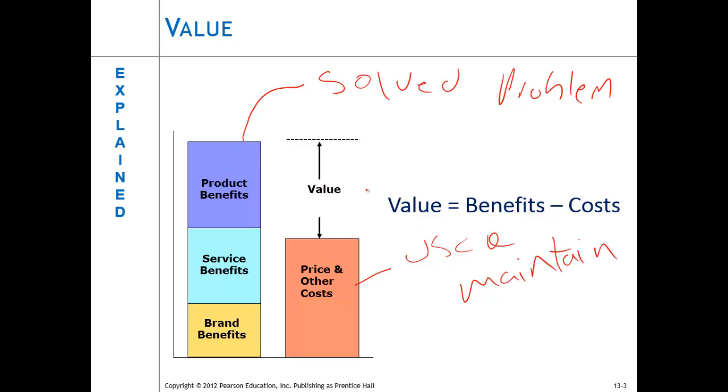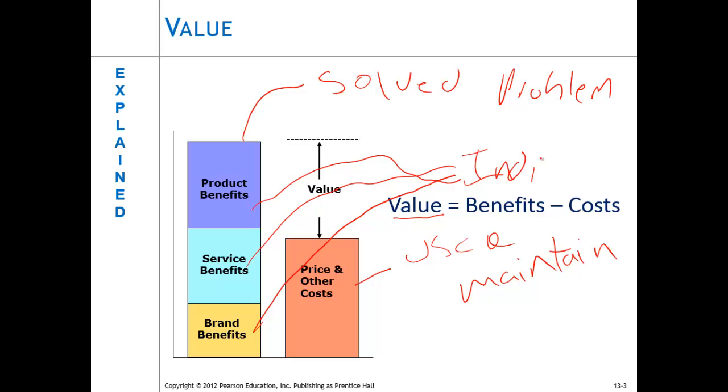The difference is value, and if we wanted to write it algebraically, we could say that value will equal benefits received minus cost. But because each individual consumer perceives the benefits received in a different way, benefits are individual to the consumer.